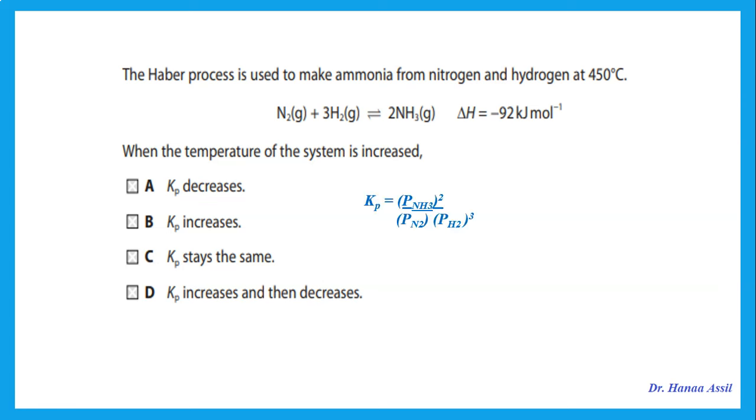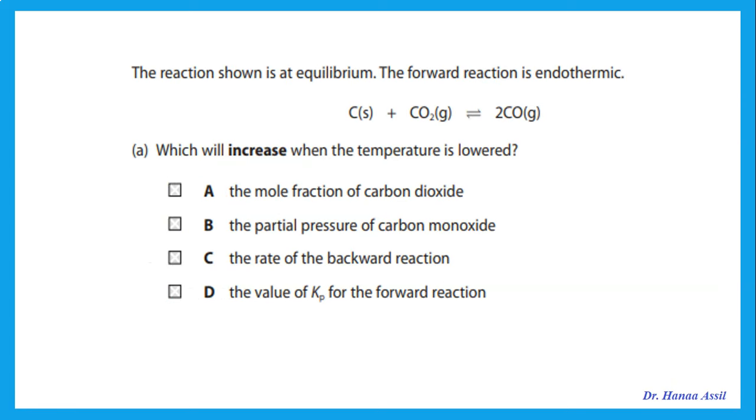So if I have this expression for Kp, the reaction is going back, and that means the partial pressure of ammonia would decrease, while that for the other gases would increase, and that means overall the Kp decreases.